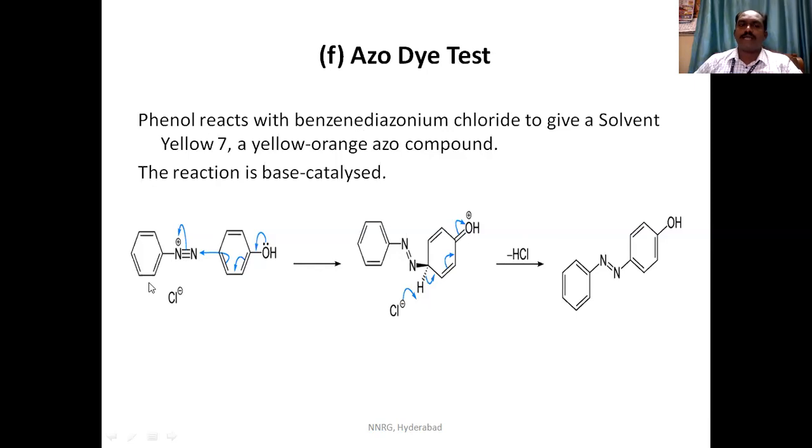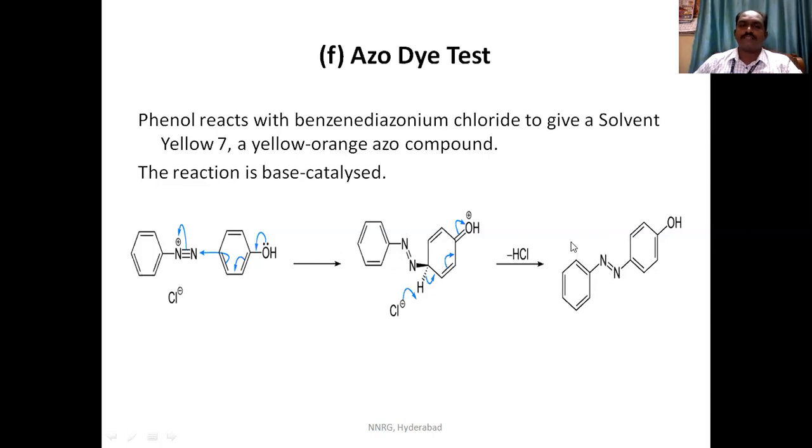When primary amines react with sodium nitrite in the presence of HCl at 0 to 5 degrees centigrade, you get a benzene diazonium salt. When freshly prepared benzene diazonium salt reacts with phenol, it gives a yellow color precipitate, that is solvent yellow 7. It is a yellow-orange azo dye. What do you mean by azo? Molecules containing an N double bond N are called azo compounds, which are dyes, coloring compounds.